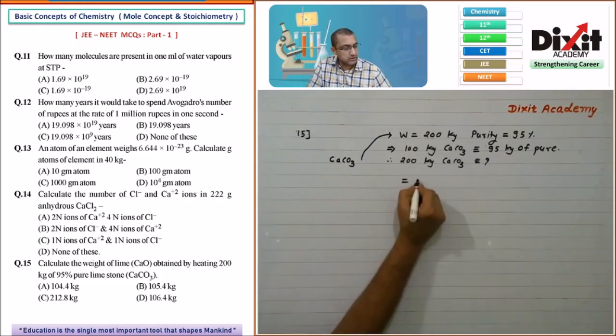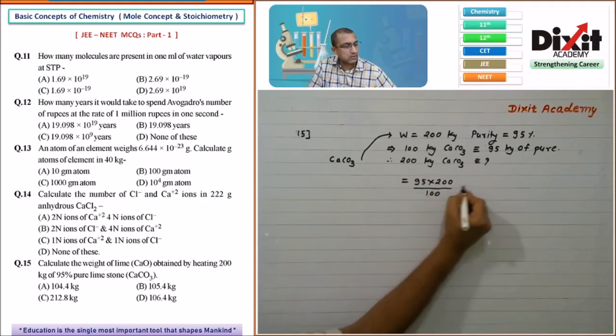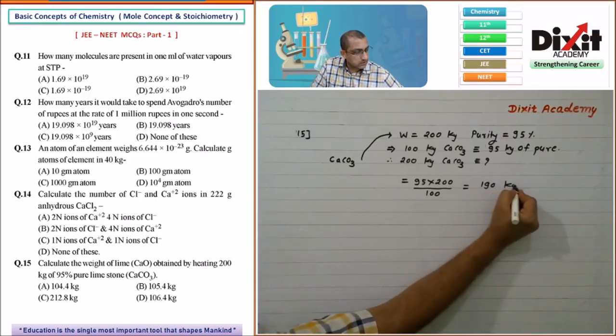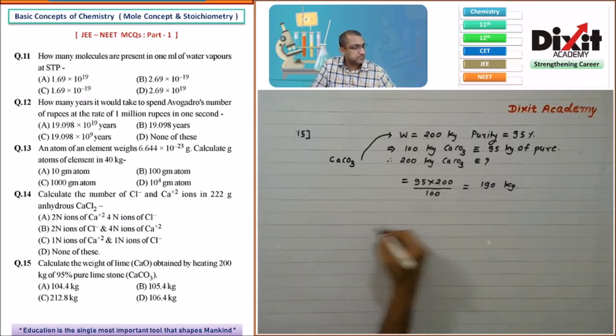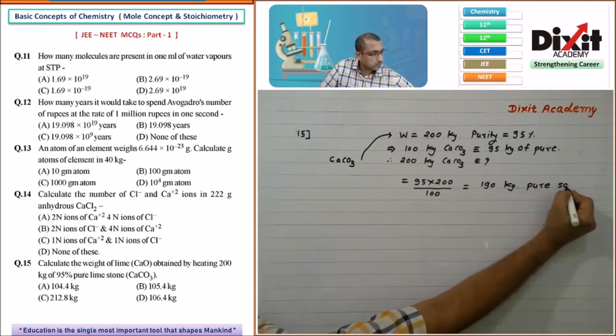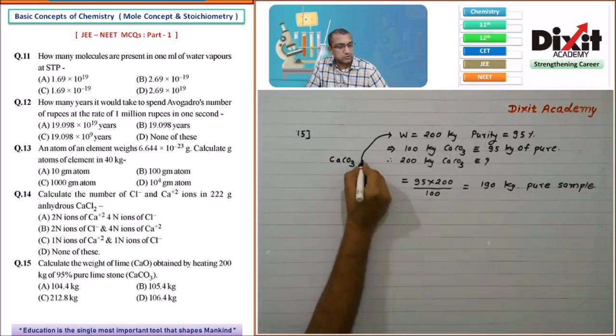So that is equal to simply 95 into 200 upon 100. So that is equal to 190 kg of pure sample.